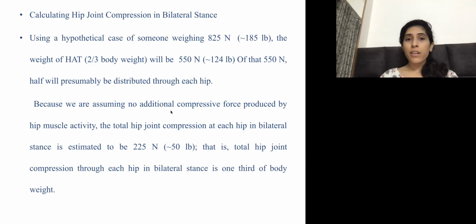So here I have taken an example, and with this example we'll understand how the weight gets distributed in the bilateral stance. In our hypothetical case, someone's weight is 825 Newton, or we can say 185 pound. So the head, arm and trunk, that is two-thirds of the body weight, will be 550 Newton.